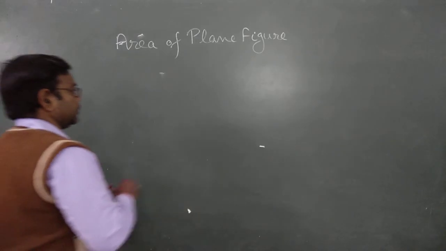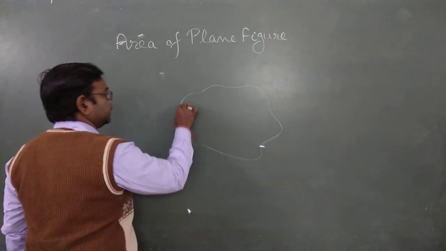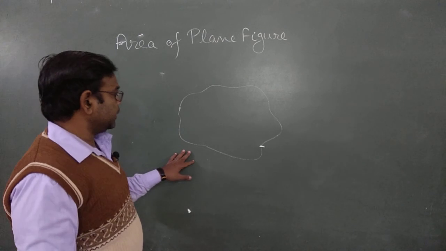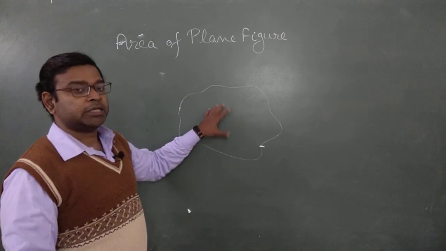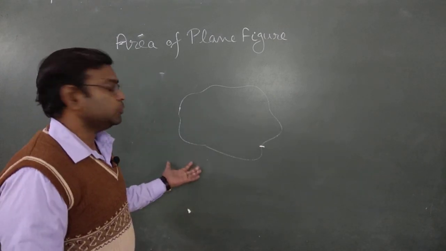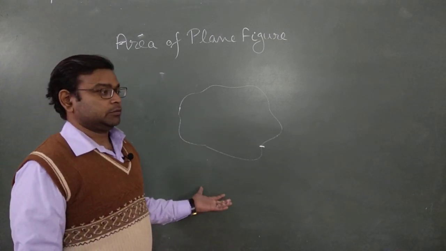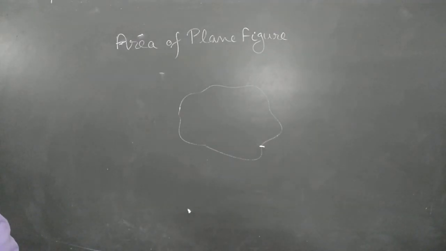Suppose we have a body that looks like this one. This is an irregular shape. We are unable to find the area by using any particular formula. So for this we use graph paper.